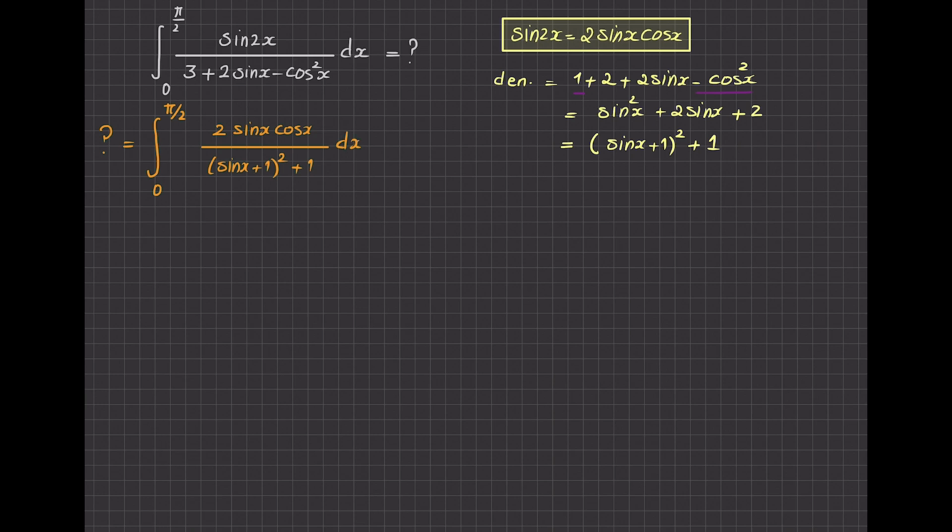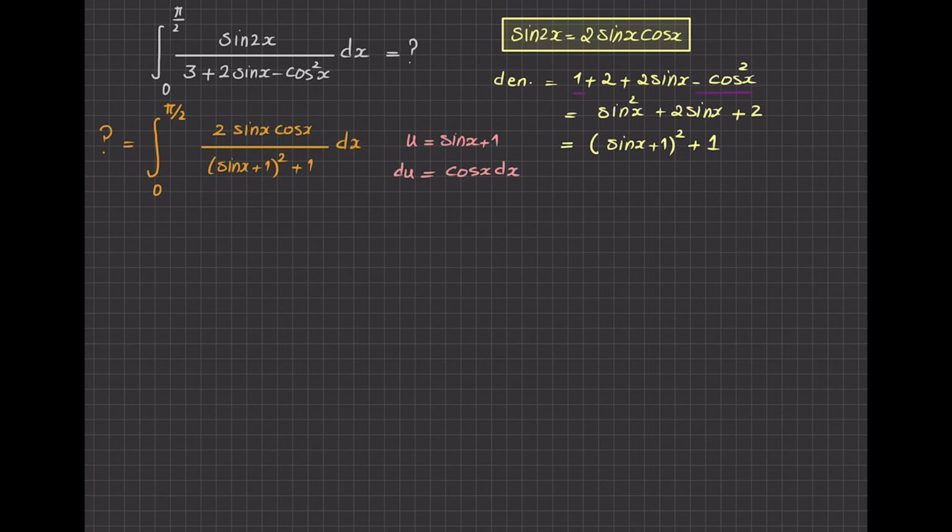Now I introduce a new variable here. Let u be equal to sine x plus 1. I differentiate both sides, then I get du is equal to the derivative of sine, which is cosine x, then dx.